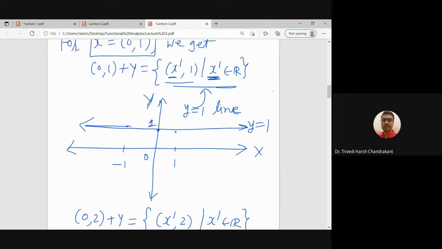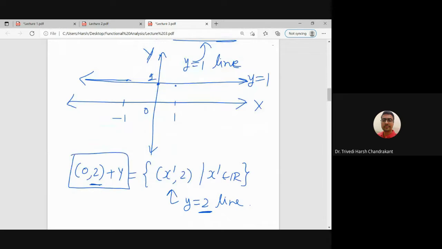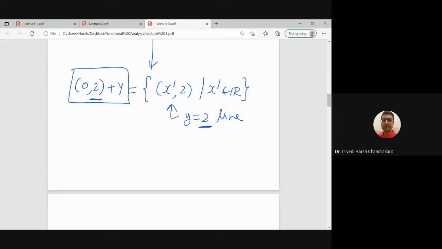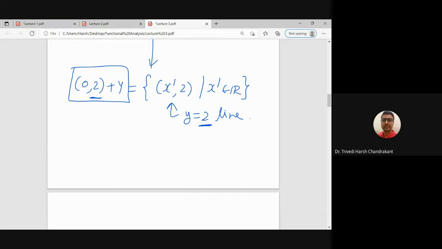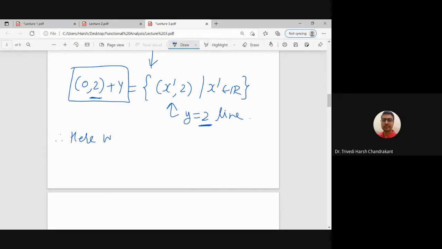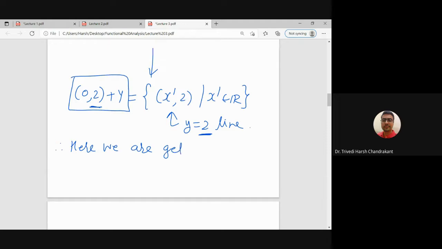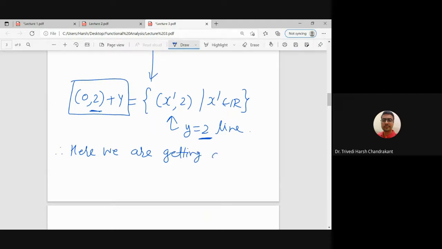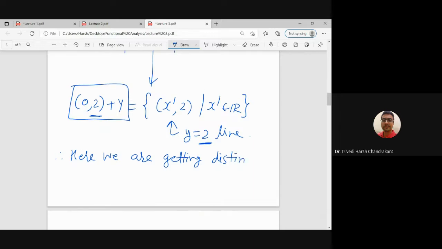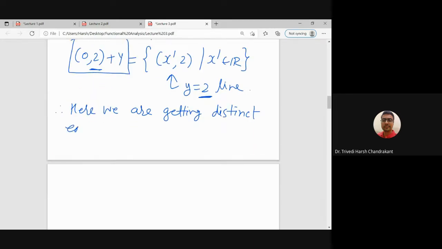So these sets are the distinct equivalence classes, and they are all horizontal lines. These horizontal lines will cover the entire R2 plane, right? So therefore here we are getting distinct equivalence classes.